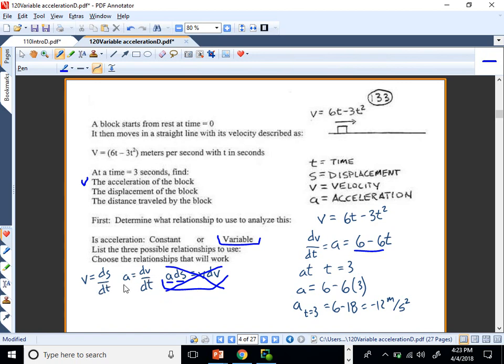So I've got velocity, or acceleration, as a function of time rather than displacement. What do we do? We want to find the displacement. Okay, let's see what we can do here, because we've got v as a function of time. If we use this one, we can rearrange it a bit and work with that, I think.